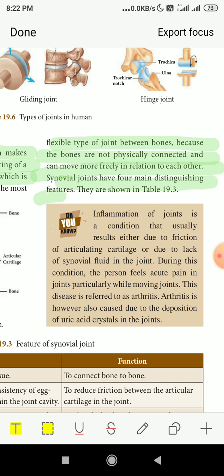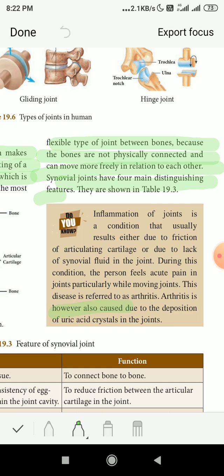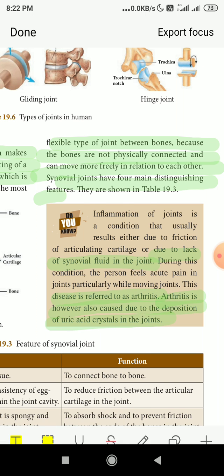During this condition, the person feels acute pain in the joints, particularly while moving them. This disease is referred to as arthritis. Arthritis, however, is also caused by deposition of uric acid crystals in the joints. That also contributes to arthritis disease, as well as the lack of synovial fluid in the joints.